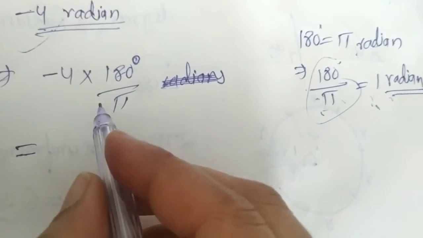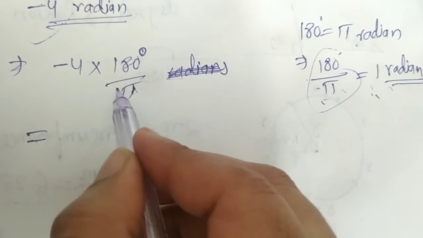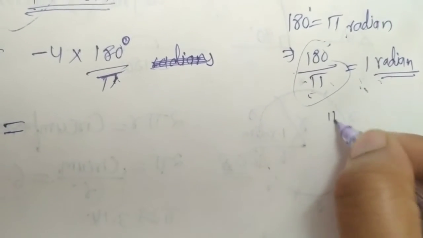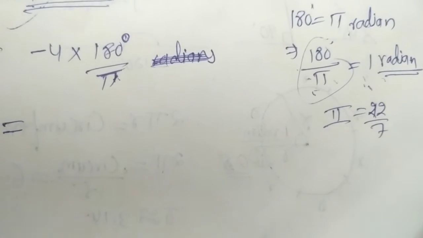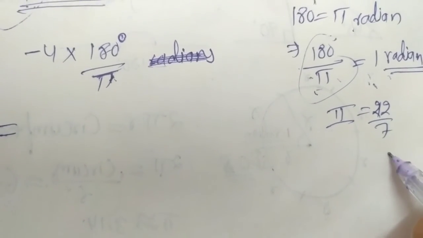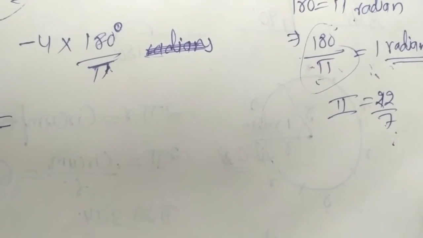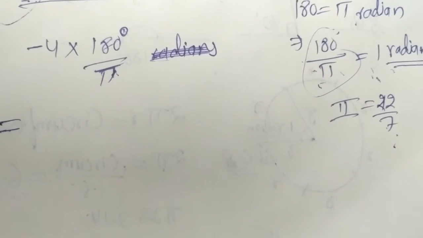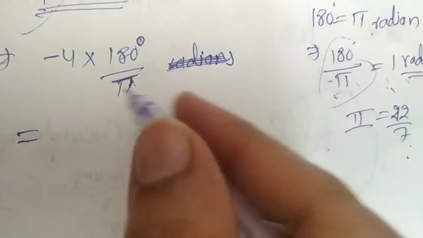Now we are given in the question that pi is equal to 22 upon 7. Otherwise we can take it as 3.14 as well, but whatever value is given in the question, we will use that only.